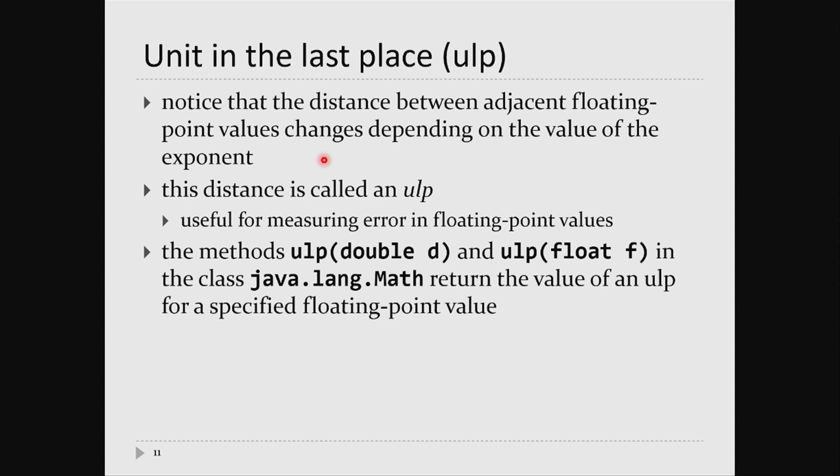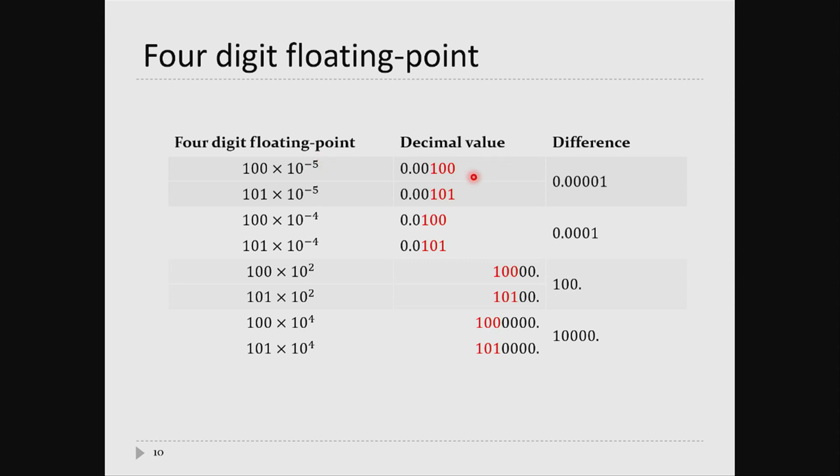That's the unit in the last place, right? Why is it the unit in the last place? Well, it's because the difference is the difference in the unit in the last place. So the difference between these two numbers is just the difference 1 minus 0, 5 places out to the right of the decimal point, right? Here, and it's the unit in the last place of the significand.